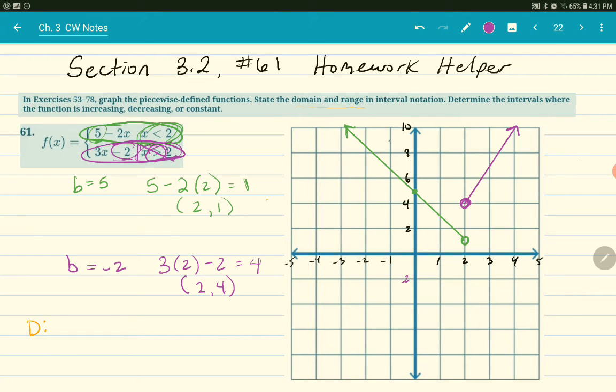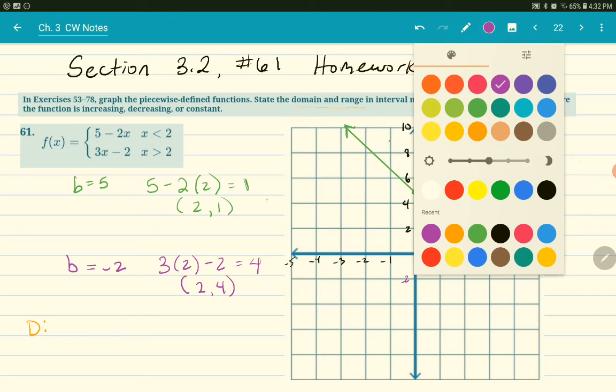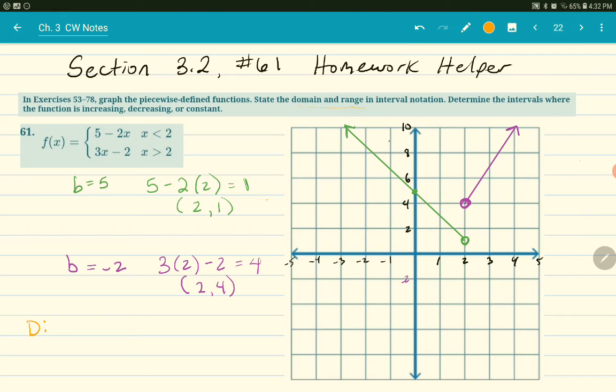So it goes to infinity, but there's a hole at 2 and it never gets filled. Both of these functions have strictly less than, strictly greater than, never equal signs. So that means my domain's going to have to exclude the number 2. So it starts from negative infinity, goes to 2, and then starts again right after 2 and goes up to infinity.